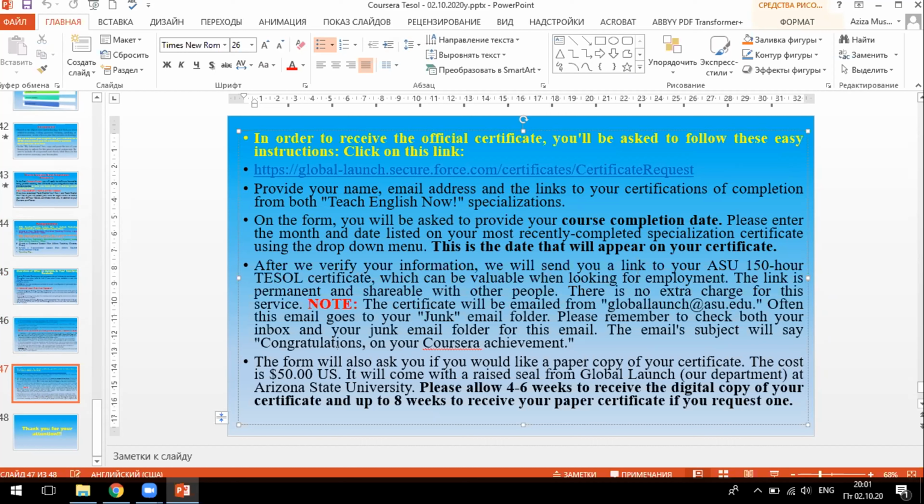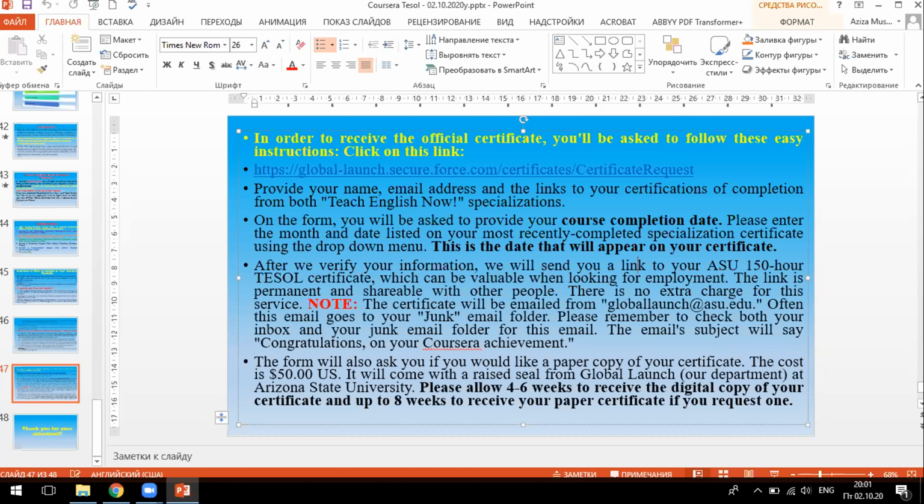And if you need a hard copy, a paper copy of your certificate, you need to pay $50. But they said that because of quarantine, nowadays they are not sending this, but if you want, you can request it. Then after quarantine, they will send it to you in 4-6 weeks.